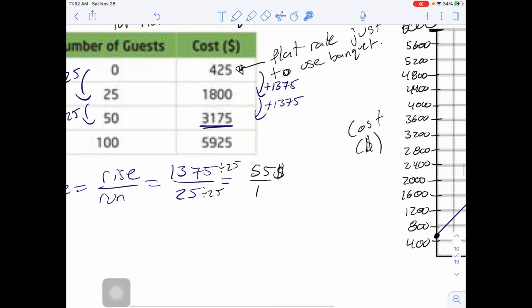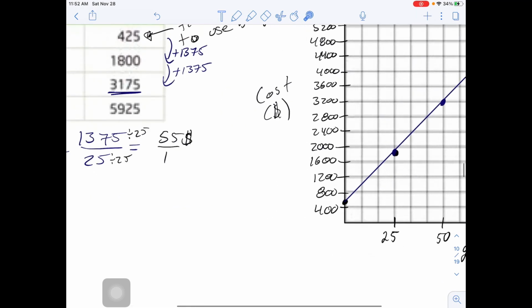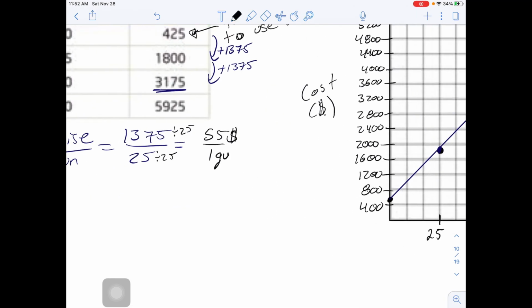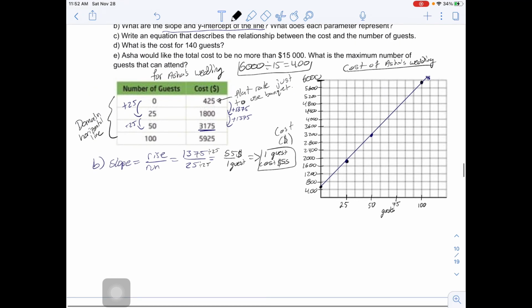What's our run measured in? Well, our run is the number of guests. So now we can see that one guest costs an additional $55. So just to bring a guest to your wedding, it's going to cost an additional $55, and that is what your slope represents.